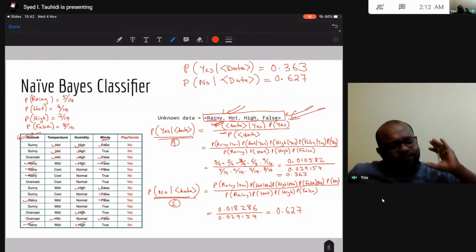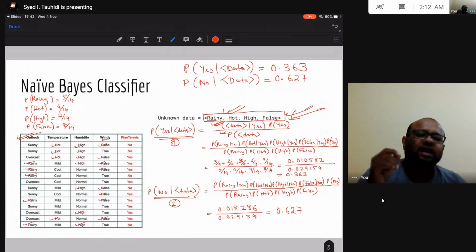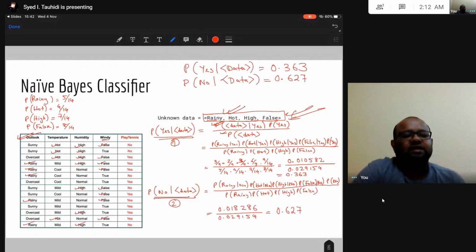So if I am simply interested in classification and I do not need the exact probability, then I can simply calculate the numerators. The equation that has the biggest numerator is going to be my class, if I don't want to find the exact probability.